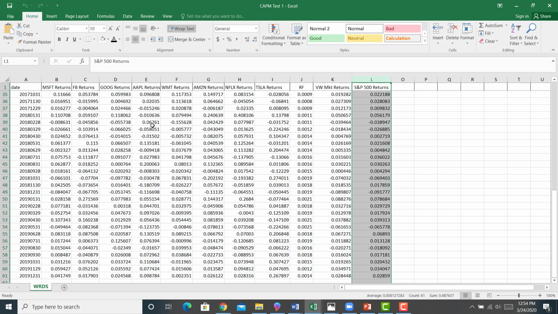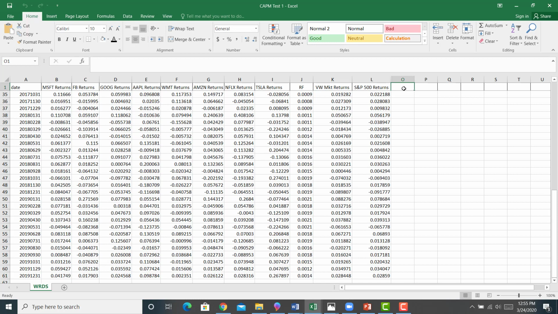Okay, so look, you're going to actually have to do this in the project, in Project 5. So I'm only going to do Microsoft and Facebook. Okay, I'm going to estimate the CAPM for Microsoft and Facebook. You're going to have to estimate the CAPM for all 8 stocks in the upcoming project for this week. And so let's go ahead and do this for Microsoft and Facebook. Pay attention. This will help you on the project.